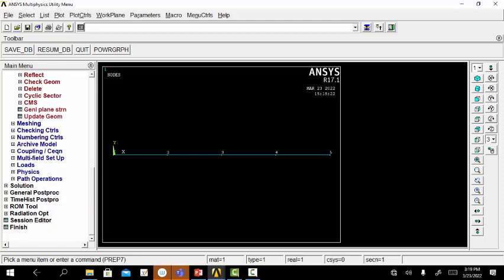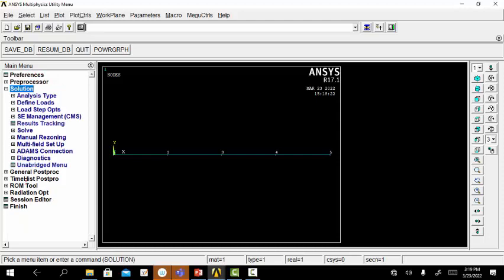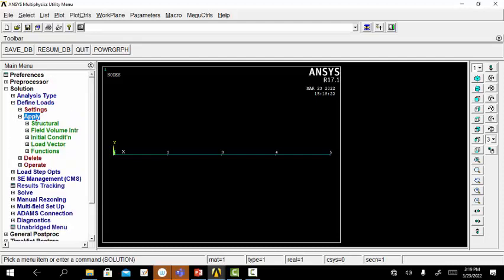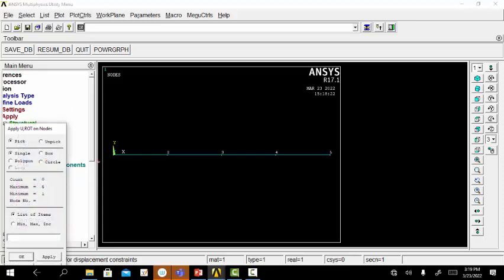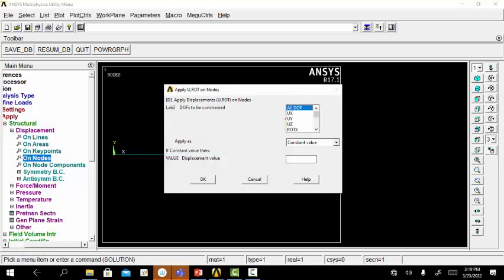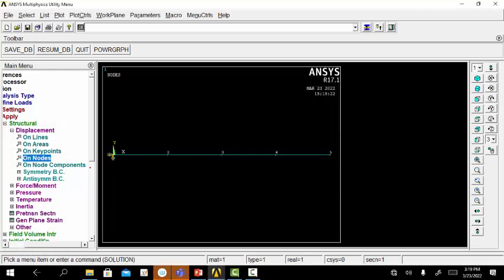Now we can apply the deformation constraint as well as loading conditions. So go to solution, define loads, apply structural displacement on nodes. Okay, here the structure is fixed at its leftmost position in all the directions, so all DOF is arrested.